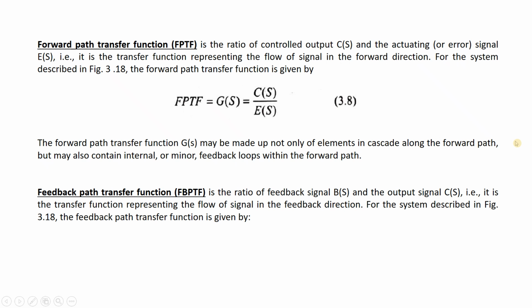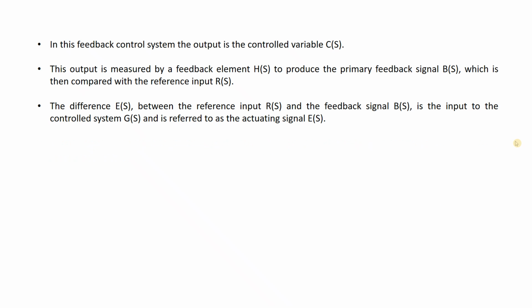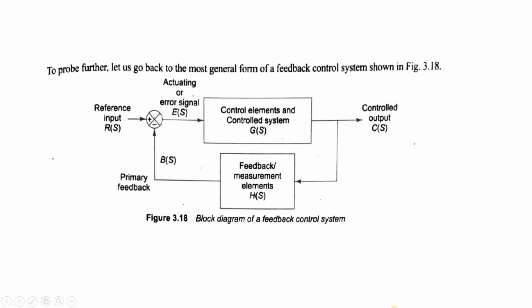Okay, now feedback path transfer function. Similarly, as we have seen for the forward path, this is the feedback path transfer function, H(s). This block has a transfer function of H(s). What is the input signal? The input signal is C(s), because C(s) is entering the feedback path, and B(s) is the output signal.